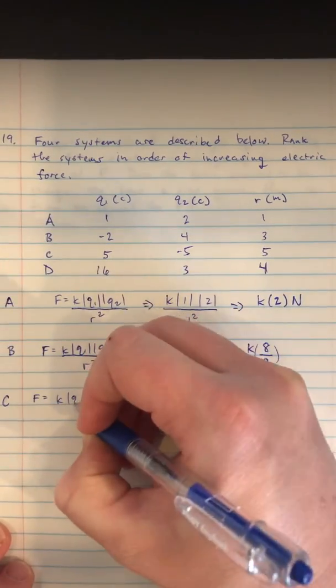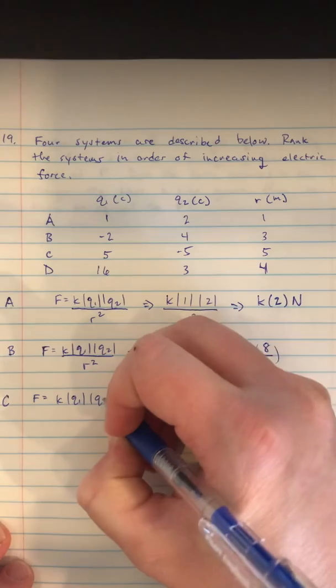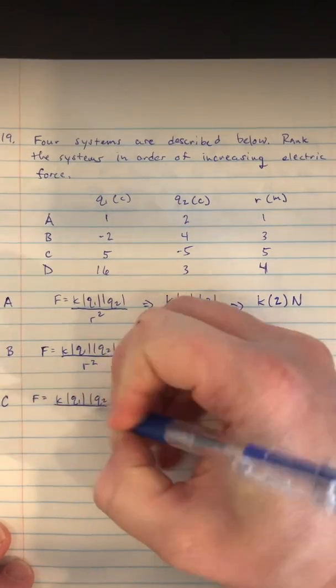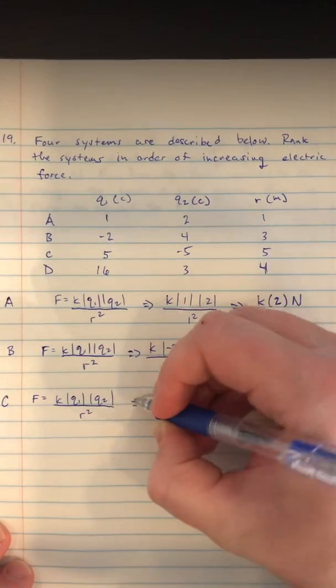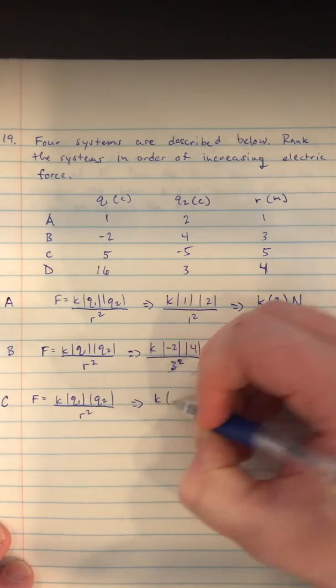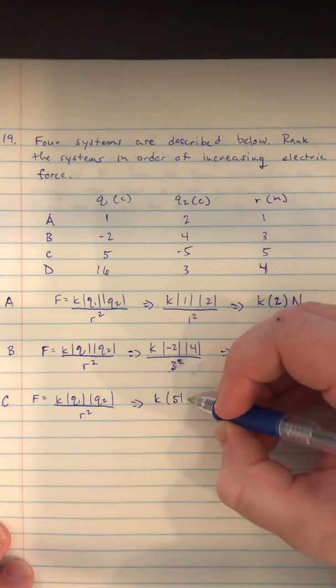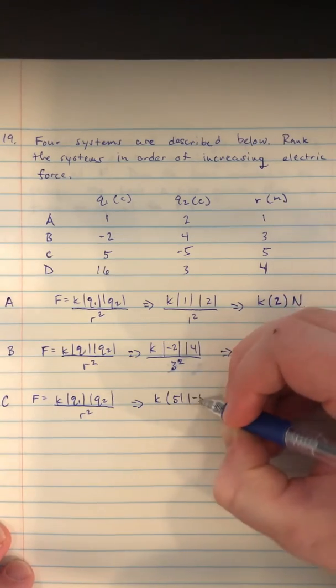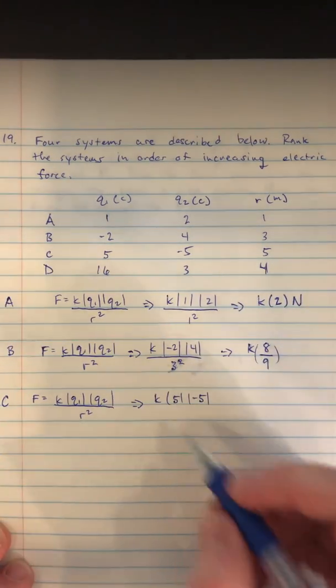C. K, Q1, Q2 divided by R squared will give us 5 times negative 5. Again, absolute value bars will cancel that out.